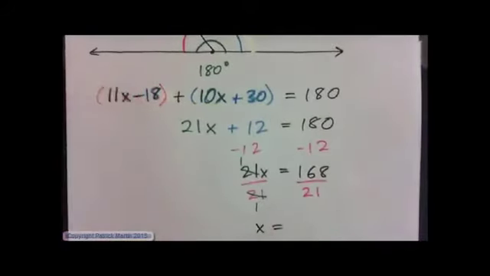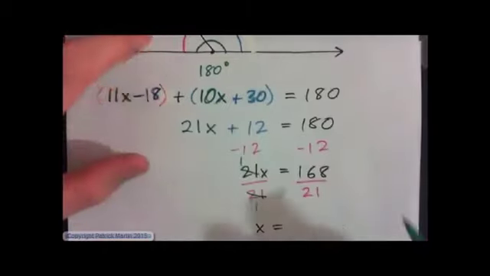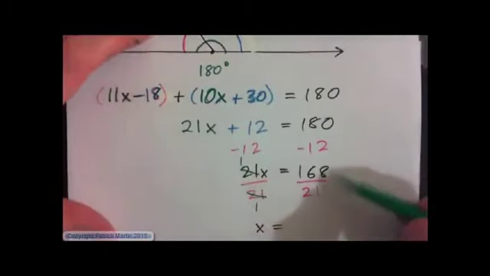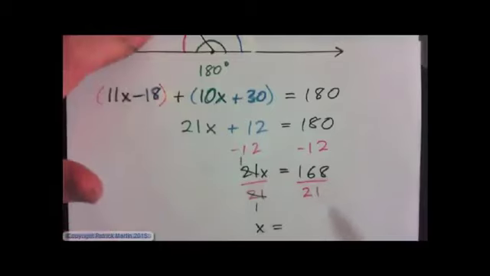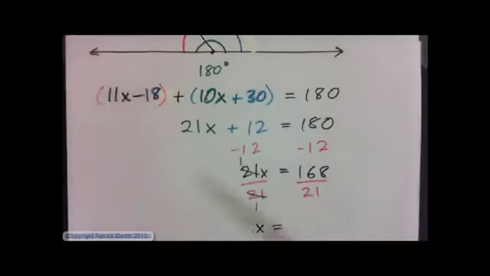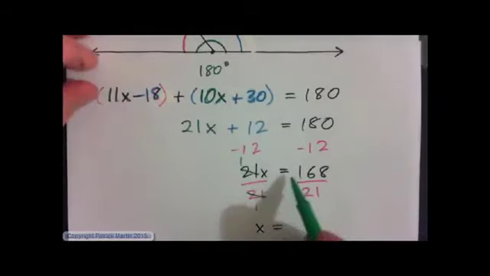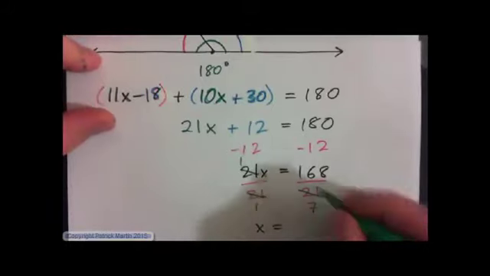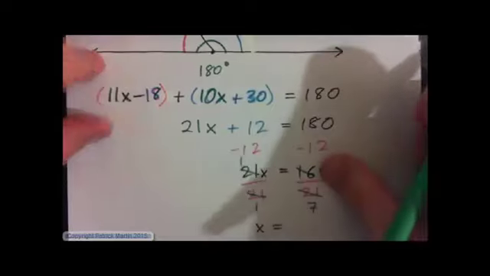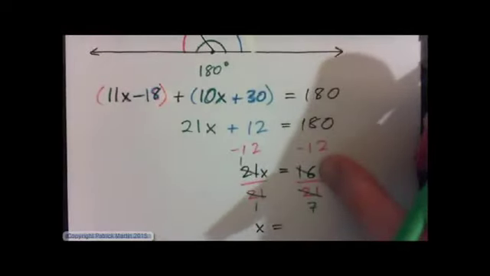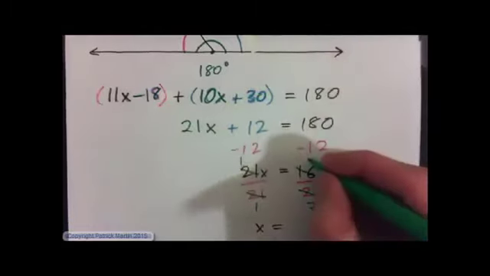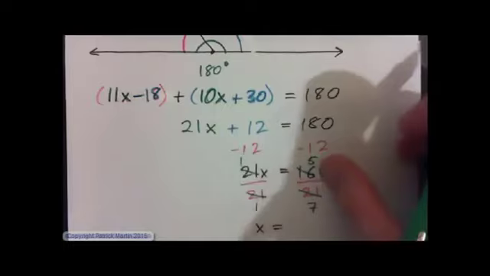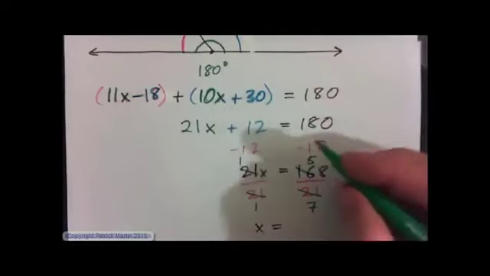So x equals what? Well, let's see, can we put this in lowest terms? If you know your times tables, the minute you see 21 you'll think, okay, that's 7 times 3, right? So let's see if 3 goes into 168, because I know 3 goes into 21 7 times. What's 3 into 16? 3 into 16 goes 5 times, remainder 1.